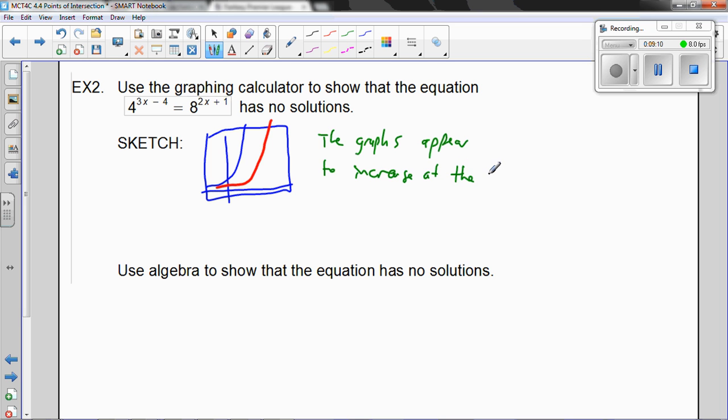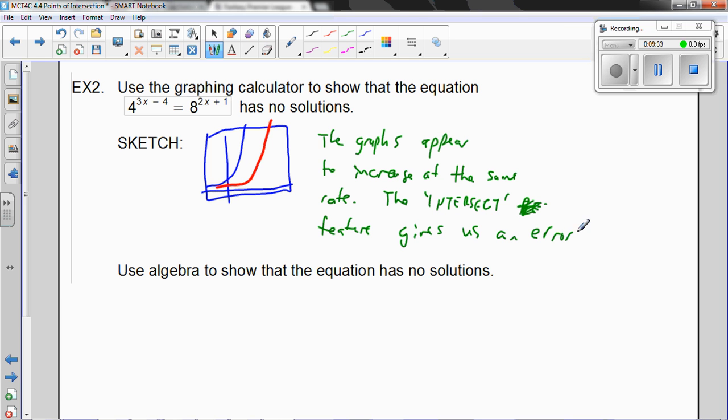Increase at the same rate. The intersect feature, sorry, gives us an error. No solutions. Okay. Use algebra to show that the equation has no solutions.